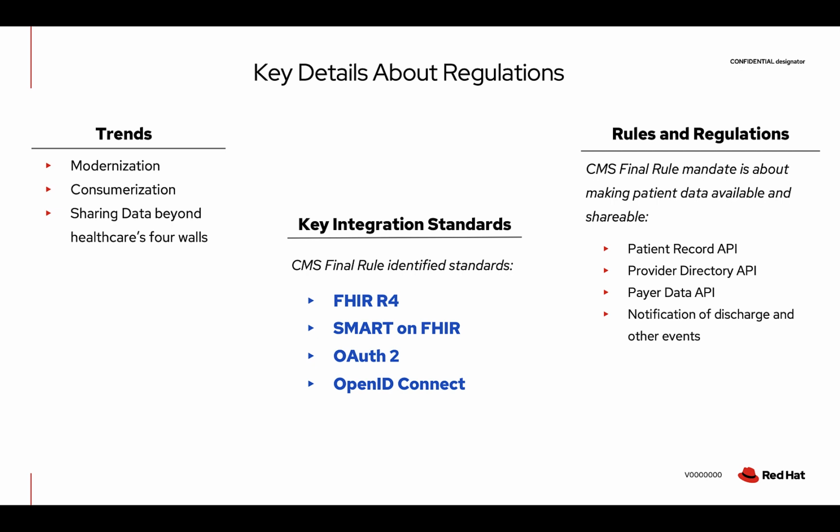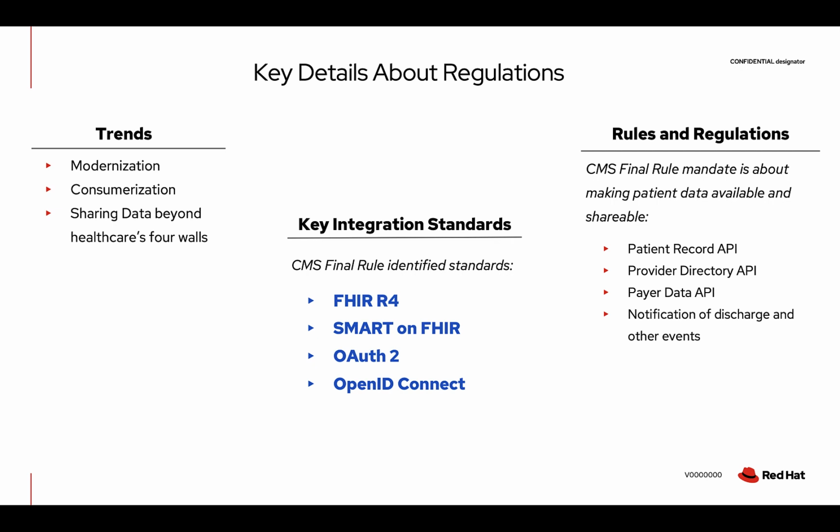Smart on FHIR is how you securely integrate those applications together from a security perspective. The next two things are focused around OAuth 2 and OpenID Connect, two very well-known, very highly used authentication and authorization standards.